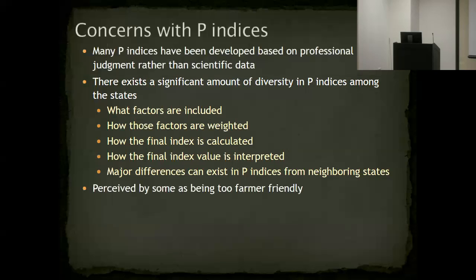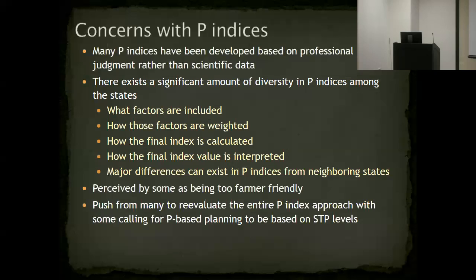Some arguments have been that the index is perceived as too farmer friendly. So there was a push 6 to 8 years ago to just get rid of the index and go strictly on a soil test P level. If you're above a certain level, you can't apply.